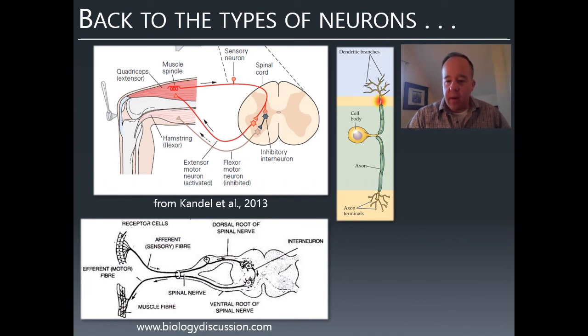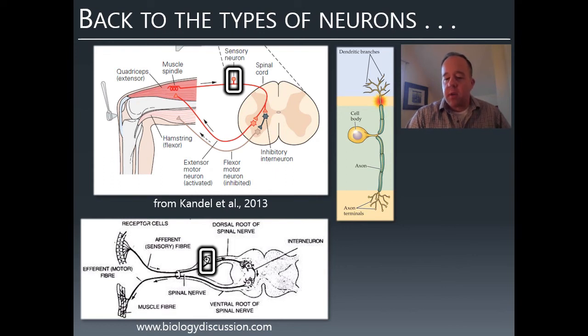We have the cell body and a single projection off that cell body that then splits into dendrites and axons. And so this is the type of neuron that sensory neurons are. So here we see sort of a cartoon version of that cell body. We see it in this diagram as well, that little sort of bud that sticks off of the sensory neuron.